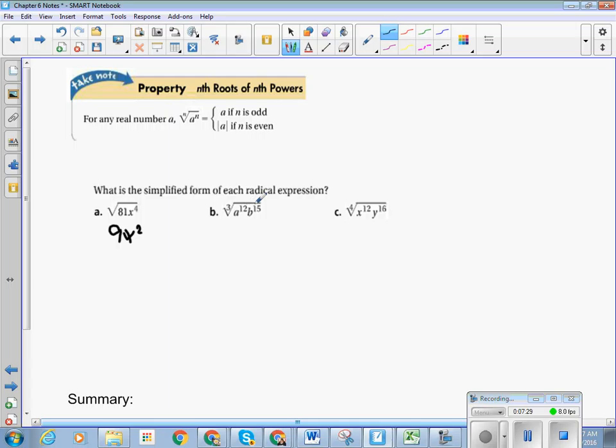The cubed root of a to the 12, b to the 15, is a to the 4th, because I'd have to multiply a to the 4th times a to the 4th times a to the 4th to get a to the 12. b to the 5th: I'd have to multiply b to the 5th 3 times to get b to the 15th. So we want to think about our power divided by our index. So 12 divided by 4 is 3, and 16 divided by 4 is 4.